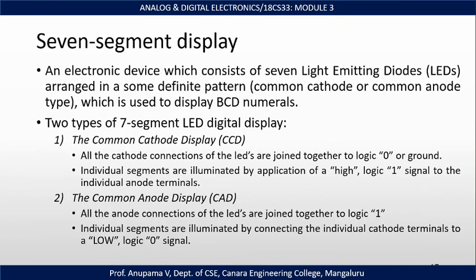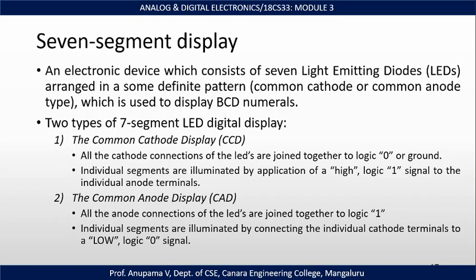So there are two types of 7 segment LED display. One is the common cathode display and the second one is the common anode display. In the common cathode display, all cathodes are joined and connected to 0, or to ground.